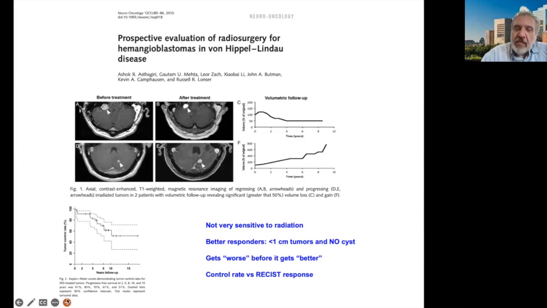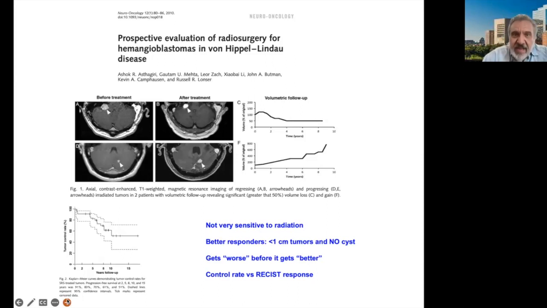And that's why people have to get steroids in order to avoid the inflammation that is caused by the radiation. And they don't have a response with the classic clinical criteria that we oncologists call RECIST, meaning that they shrink. But what they do when they zap them with radiation, after they get a little bit worse, is that then they get a little bit better and they go into a hibernating state.